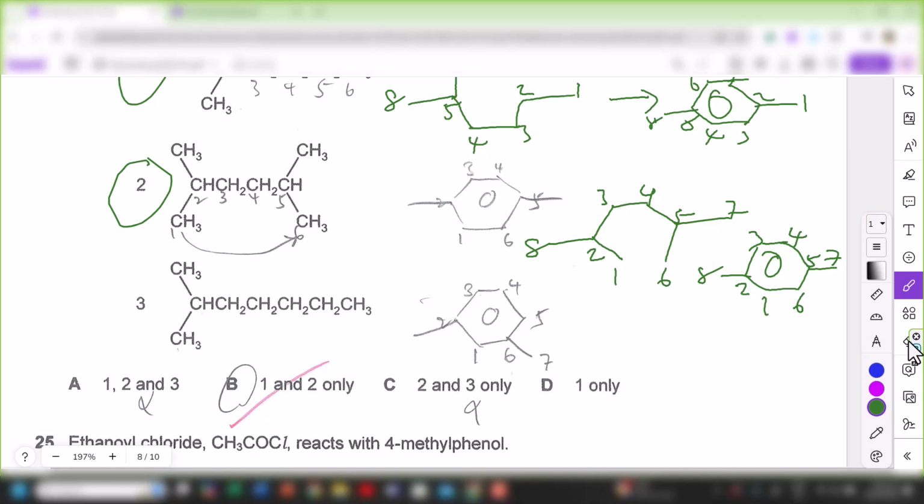3 is not possible because when I try to join them up, you realize that you will not be able to get 1,4. Instead, you might end up getting 1,3. So again, let me try to draw it out. I think it should be like this. So I've drawn this out.